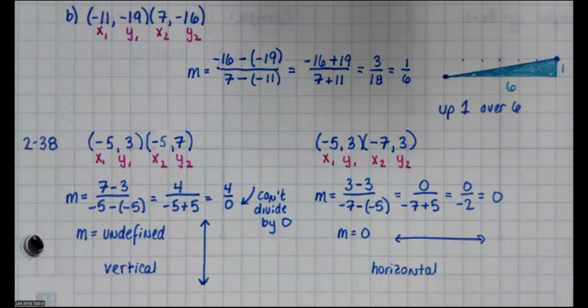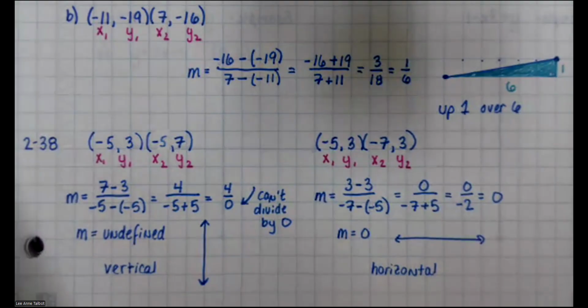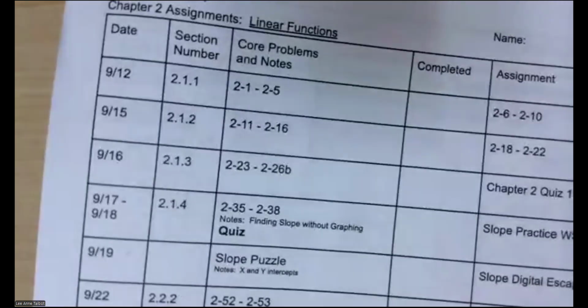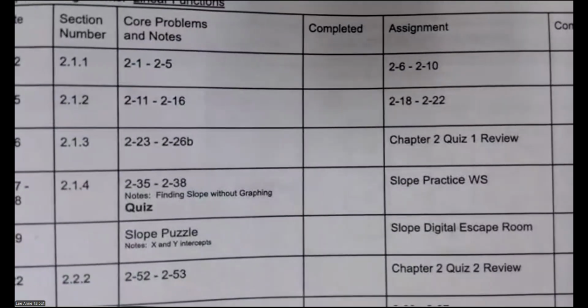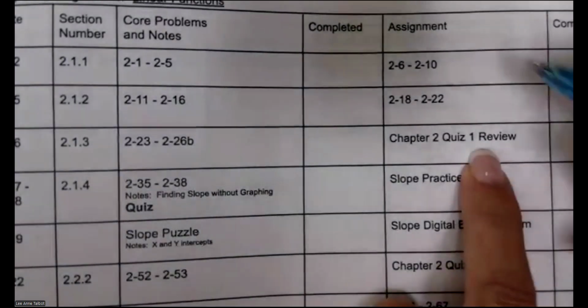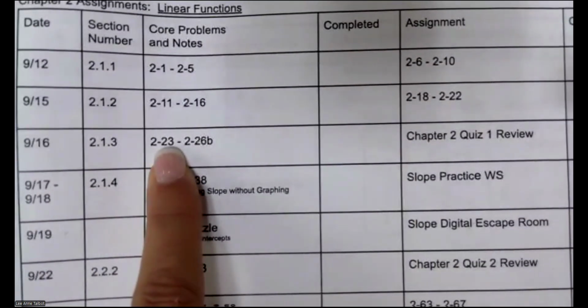Okay, next thing, real quick. Can you guys tell me what the homework is? Slope practice worksheet. Okay, by the way, it's 2 sides, the front and the back. What do I need to stamp?